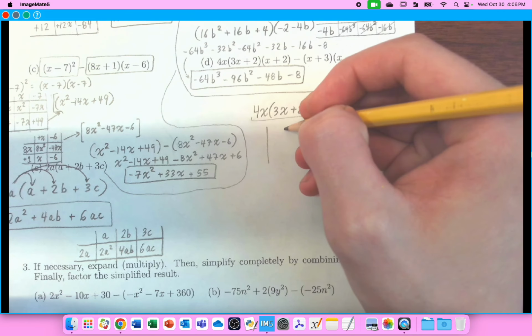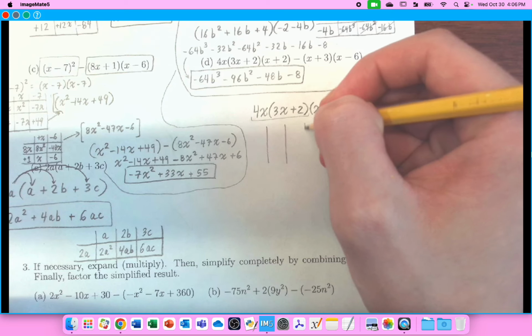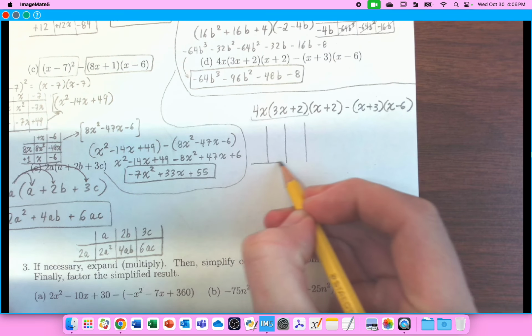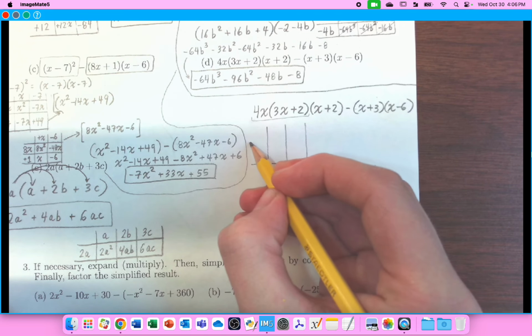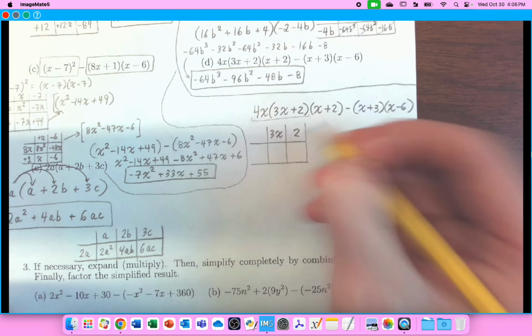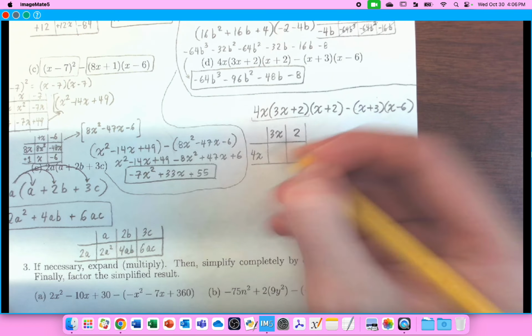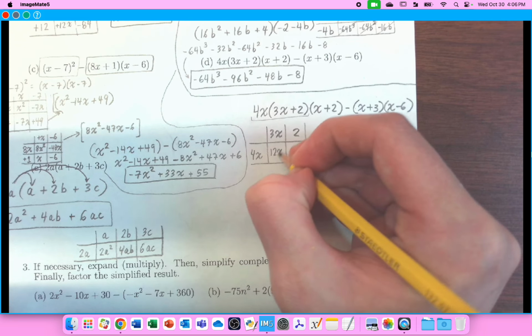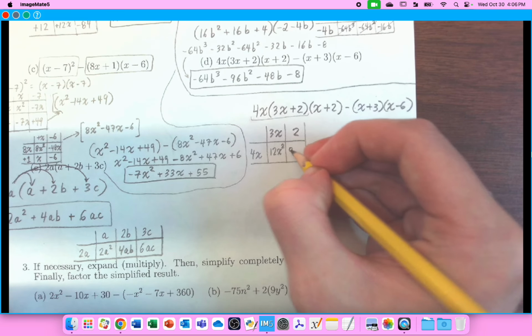It might take a little bit longer to do it with this box way, and it's not necessarily better, but you should use whichever way makes sense for you.